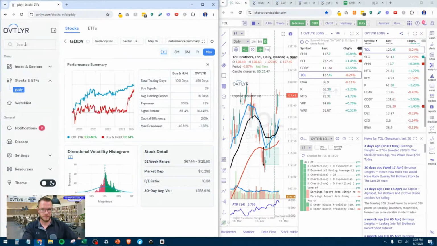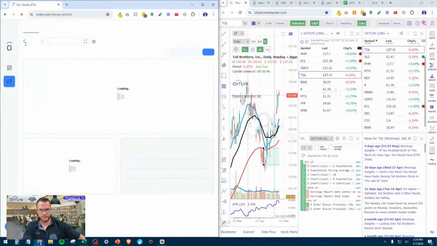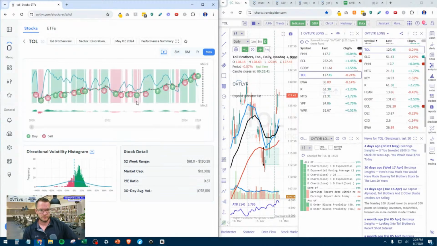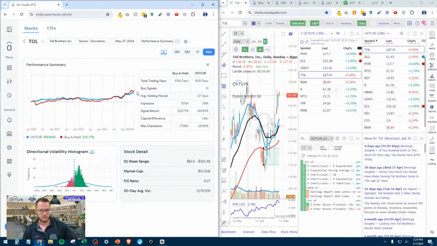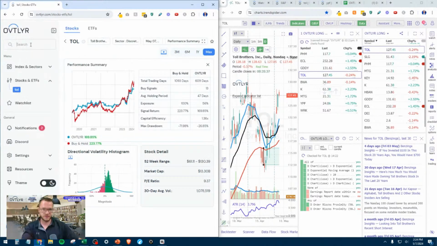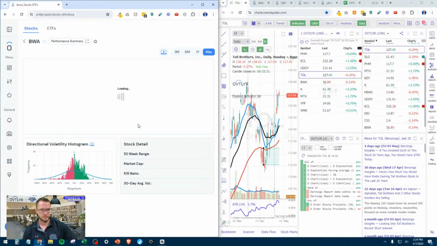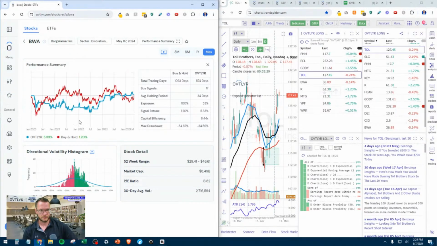Let's go to Toll. 169%. Sweet. Let's look at BWA. 5%. Kind of weak, but it is positive.